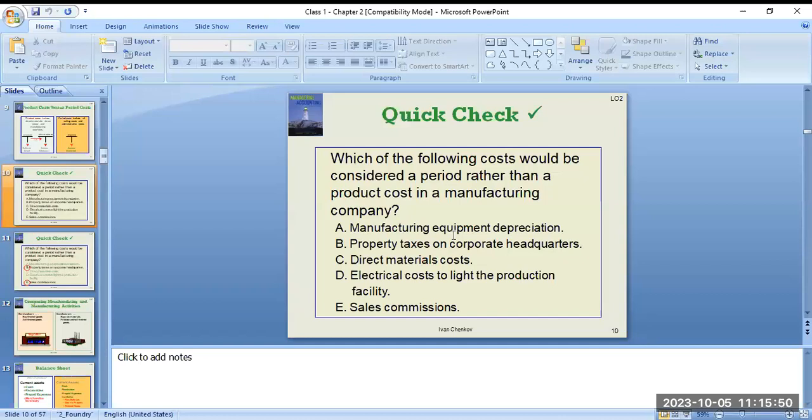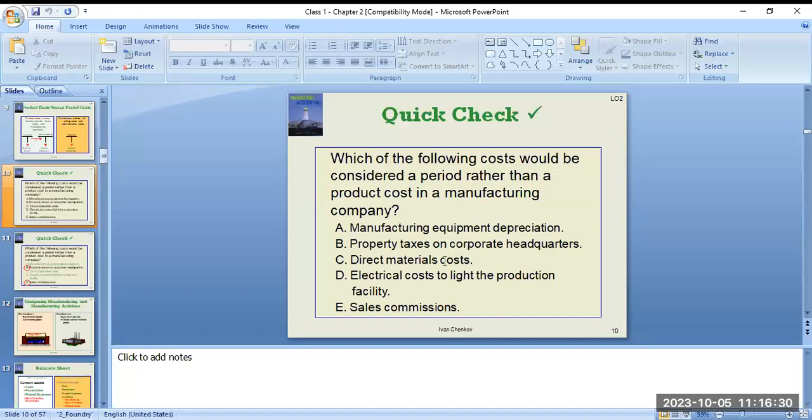Is it direct material? It's equipment cost, but is it direct material? Can I easily trace it to the product? No. So is it direct material? No. Is it direct labor? No. Is it manufacturing overhead? Yes, it is. So it's a product cost, manufacturing overhead.